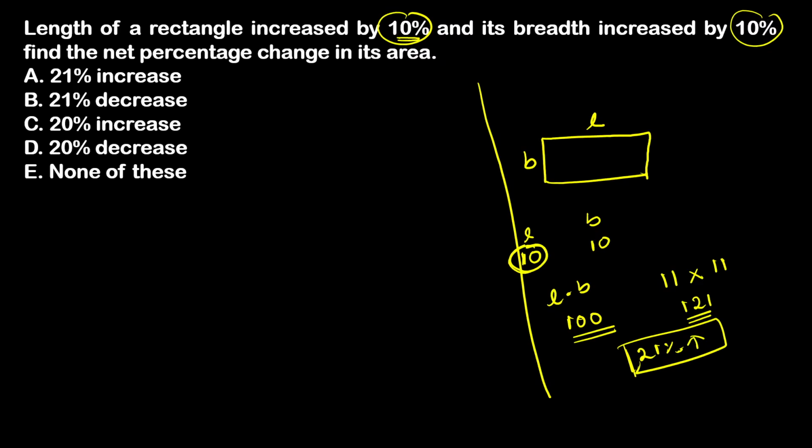In either of the instances, the method which we are going to discuss now will work with 100% accuracy. So this should be strongly registered in your brain now. Let us see how to solve this. When the question is about finding the net percentage change in its area, this method will definitely help you. With this method, we can solve the question with ease and comfort.